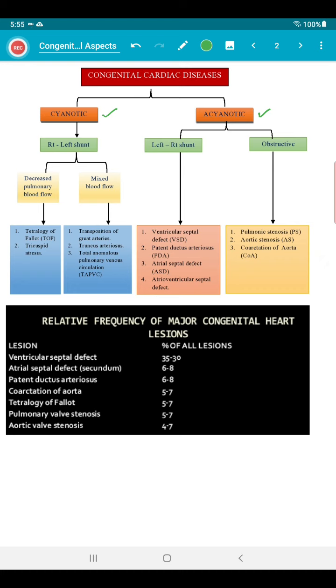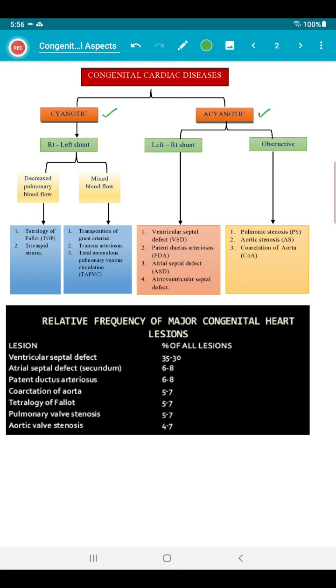Cyanotic means that clinically you will see the baby, boy, girl or patient is bluish-purplish in skin color, having low saturation of oxygen in the blood. Acyanotic is just the opposite, that means there is no cyanosis clinically. So basically we divide into two subsections: cyanotic and acyanotic.